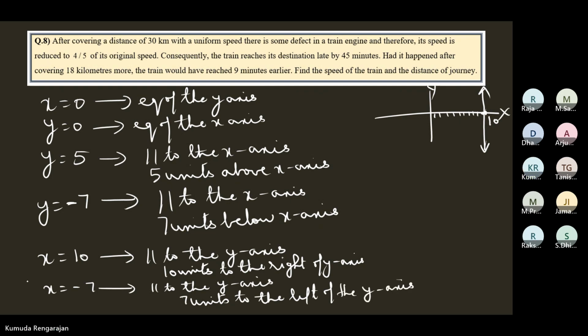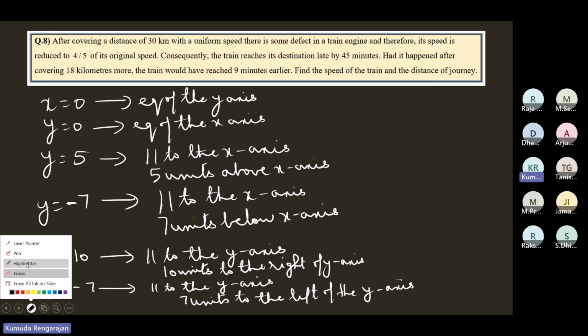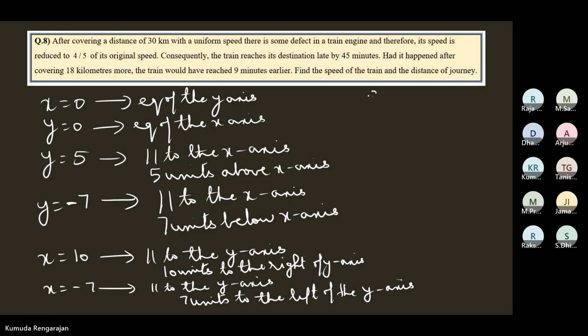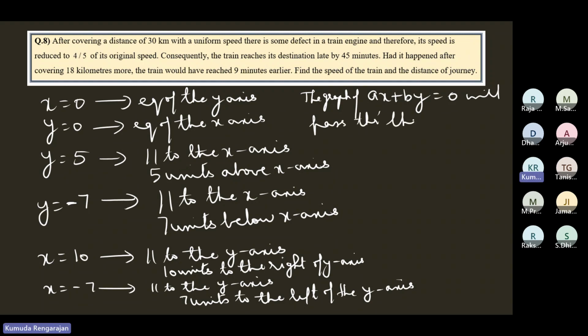Then we also understood that if C is missing, the graph of that equation will pass through the origin. Ax plus by is equal to 0. C is not there, meaning C is 0. The graph of Ax plus by is equal to 0 will pass through the origin.